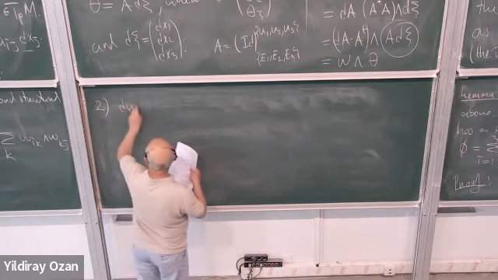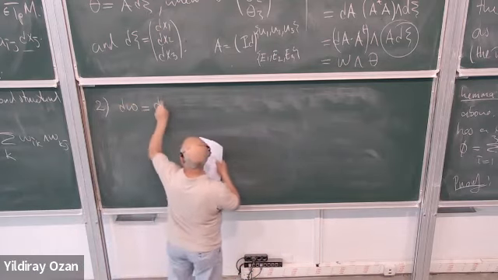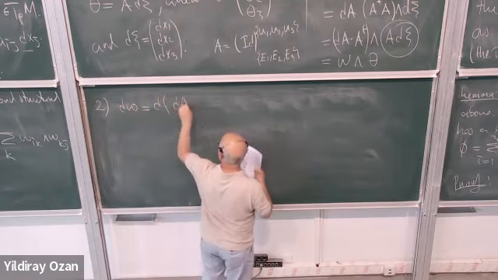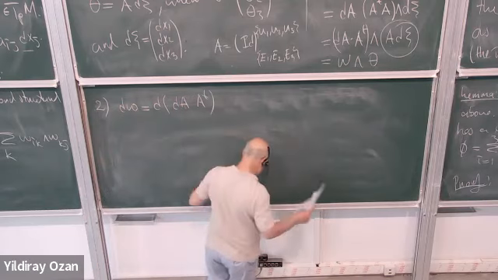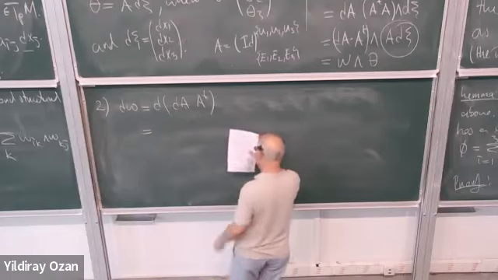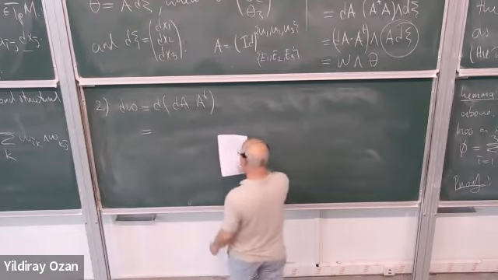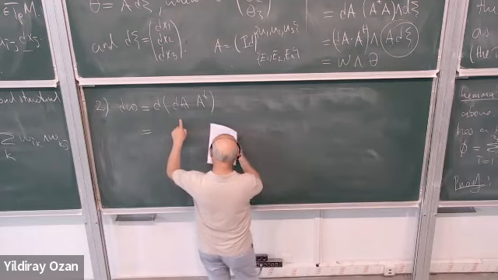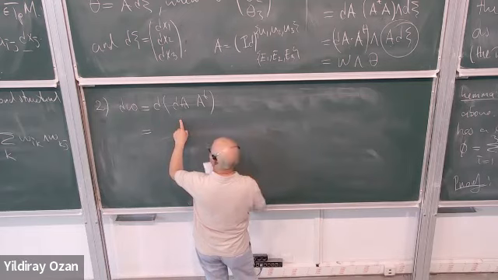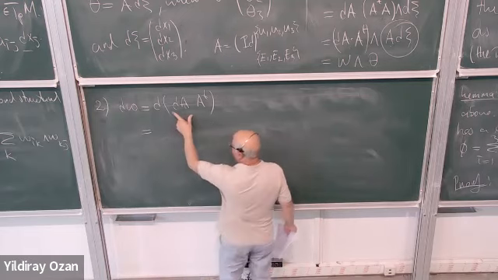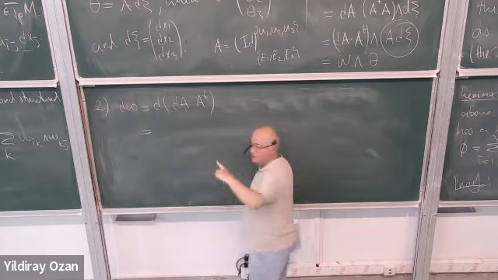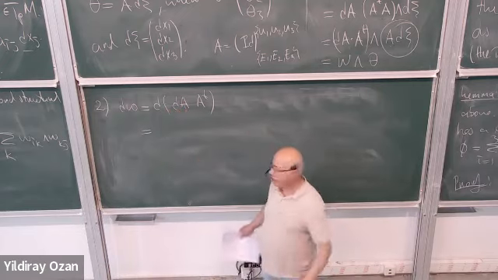Well, what is W? W is just dA, sorry, times A transpose, right? Now d of this will be what? Okay, now remember that when you take differential of a matrix, you just take differential of each entry.